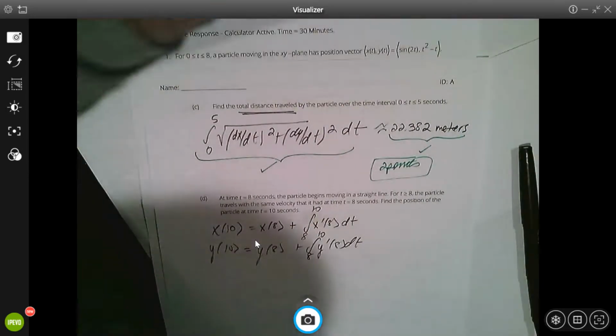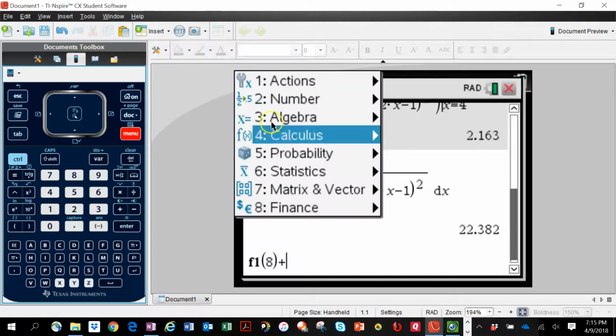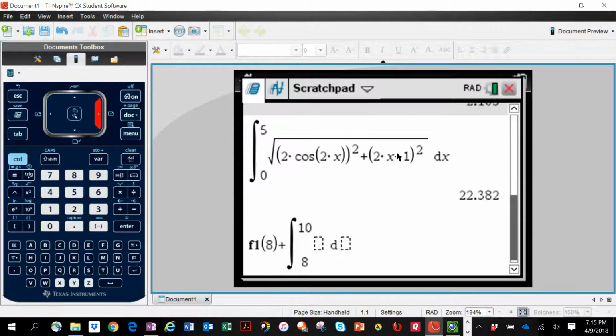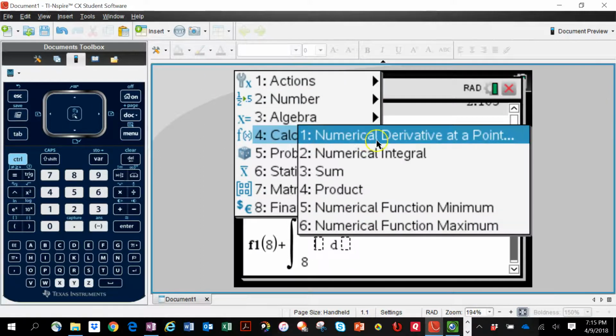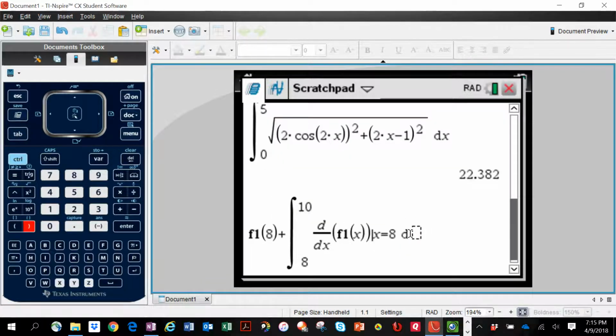And let's go to the calculator and see what we can do with this. Let's keep in mind that I typed in the position function for the x as f1. So I want f1 of 8 plus I want the integral from 8 to 10. Now, I want to be careful. I want the integral of the derivative at time 8 of f1 of x, and I want to integrate this with respect to x.